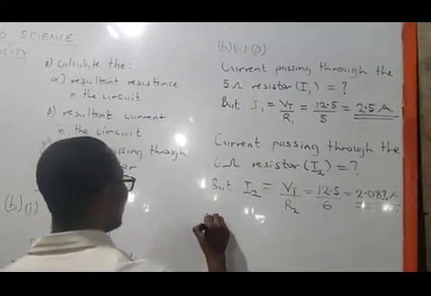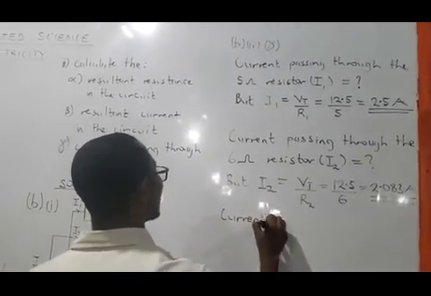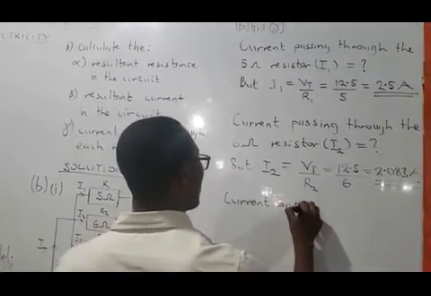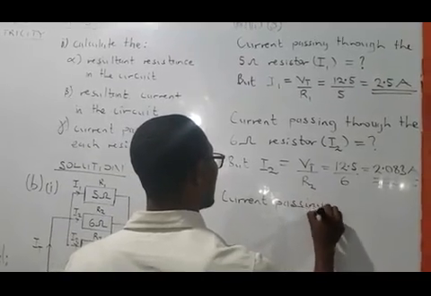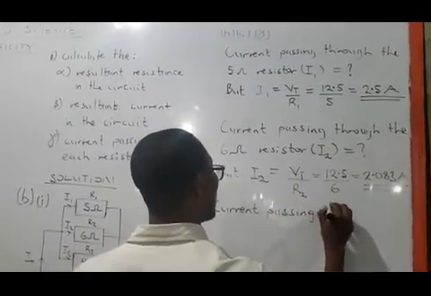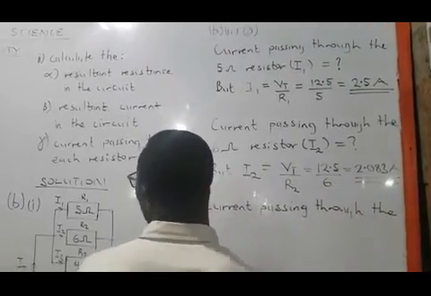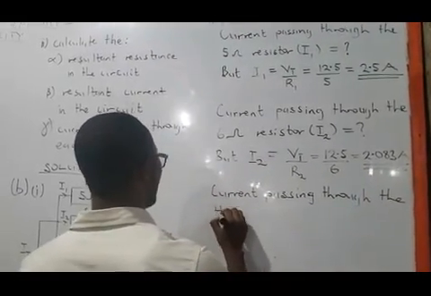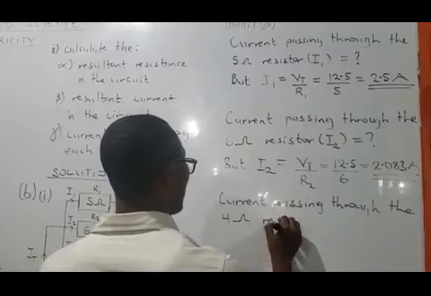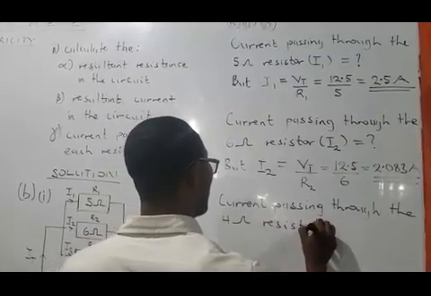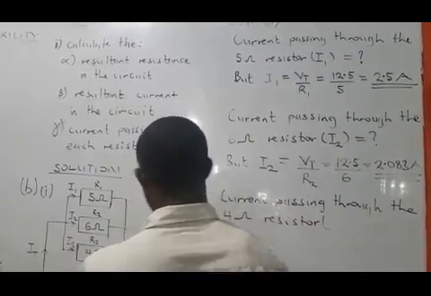And then lastly, the current passing through the 4 ohm resistor. In the diagram, that's what I believe was I3.